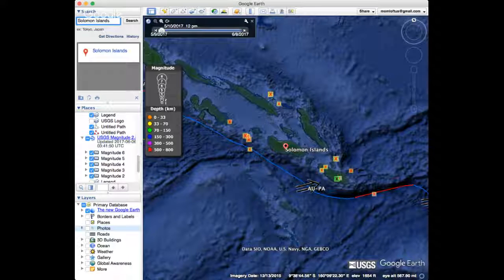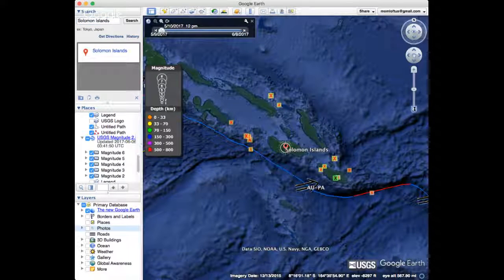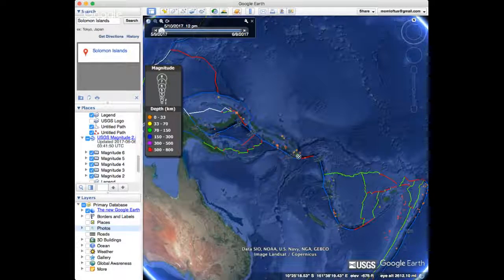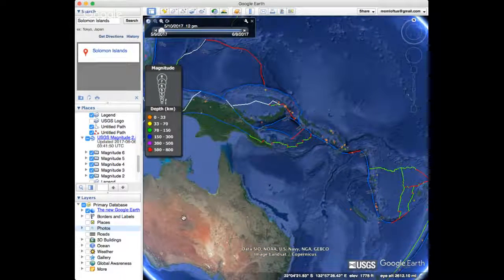The Solomon Islands, I think, would be similar to Japan, because you've got oceanic plate. But technically, isn't that oceanic plate under oceanic plate, or is that considered continental? I think that might be considered part of that continental plate, because if you span out to Australia, you're probably right.